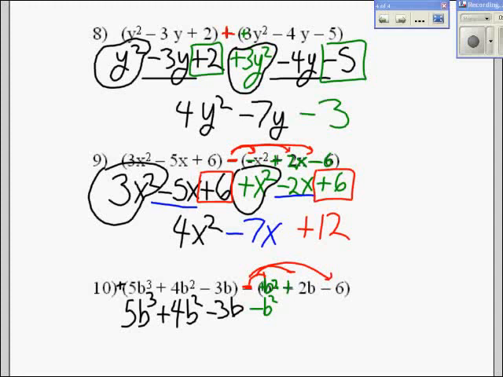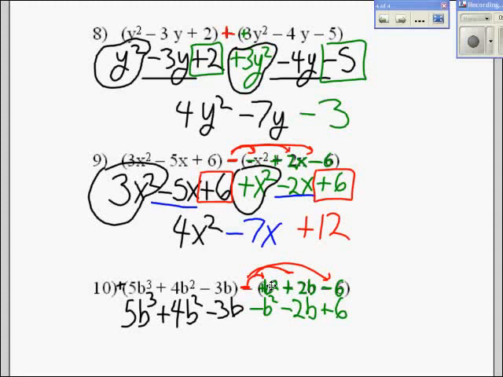The positive 2b becomes minus 2b. And the negative 6 becomes positive 6. Again, to point out, this negative sign isn't being brought down, it's being distributed, and we're writing the opposites of the signs on each term when you're subtracting.